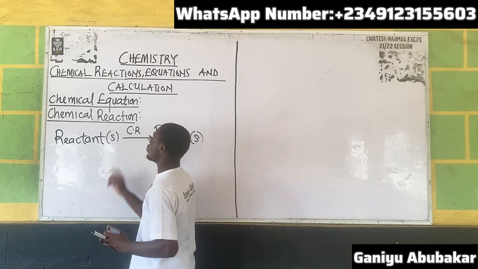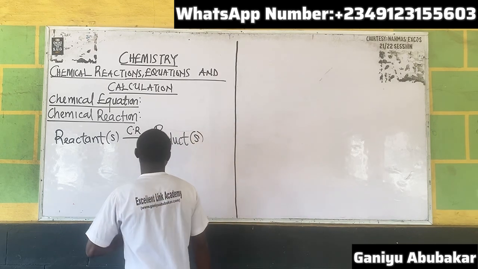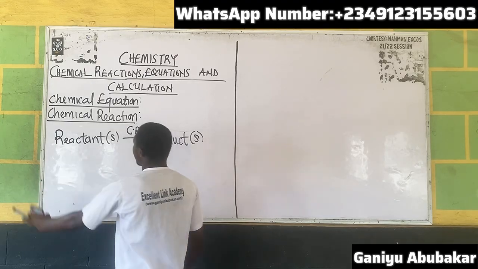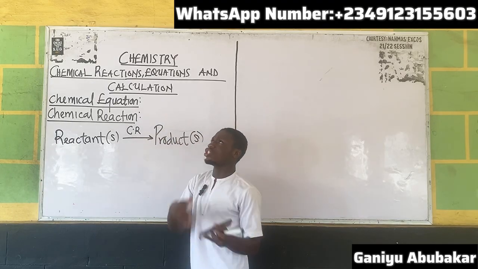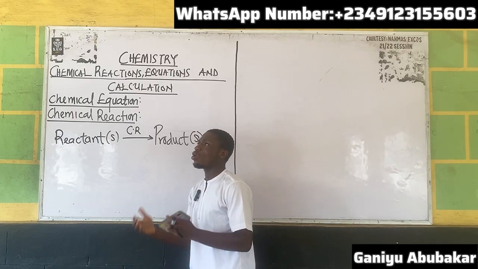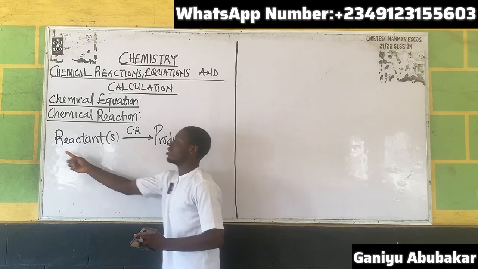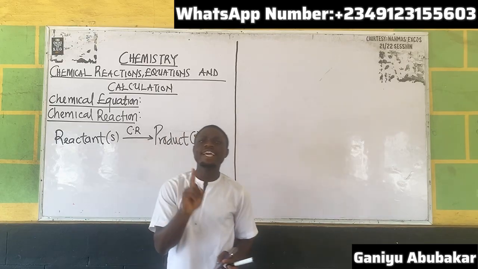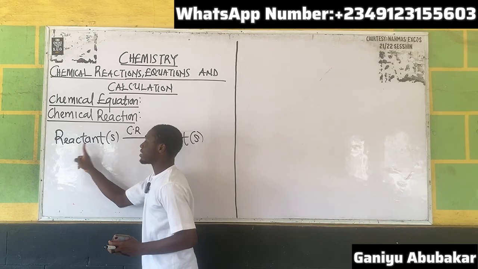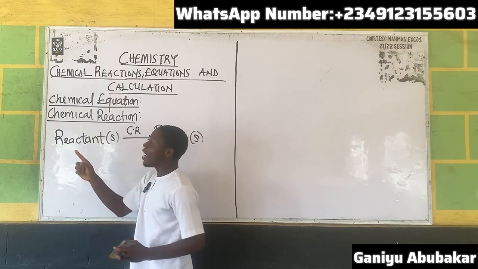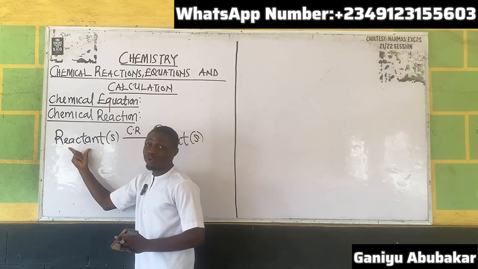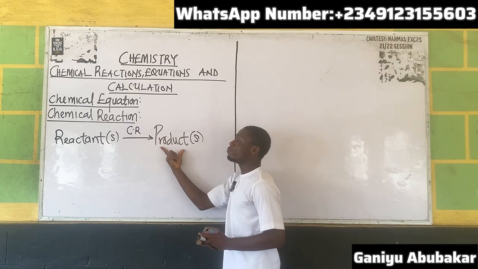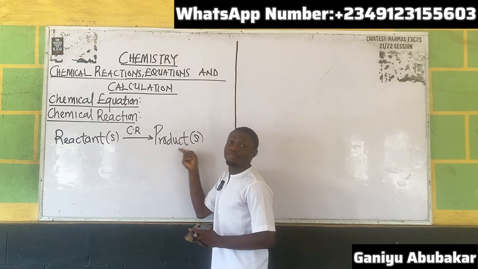Whatever equation or formula or compound or element you are seeing on the left hand side is referred to as reactant, or reactants, undergoing chemical reaction to give you product or several products.